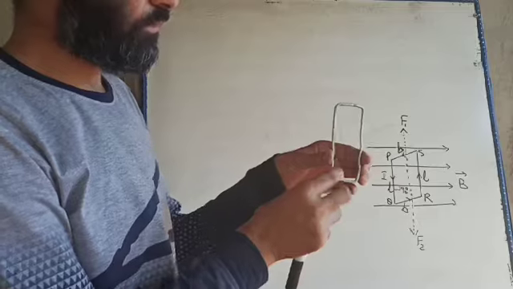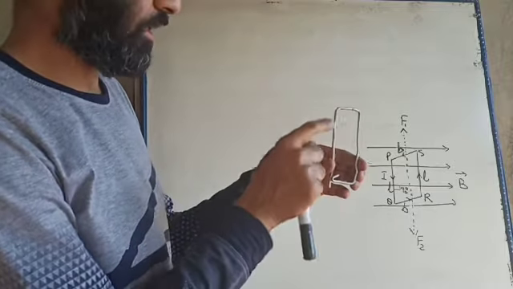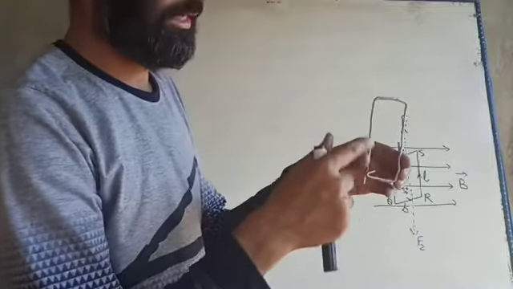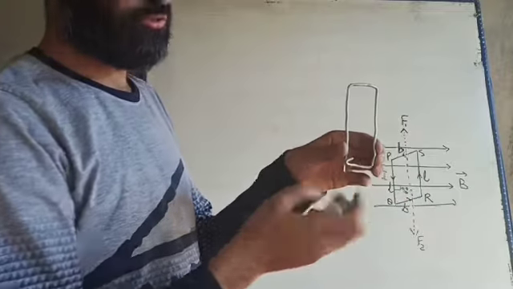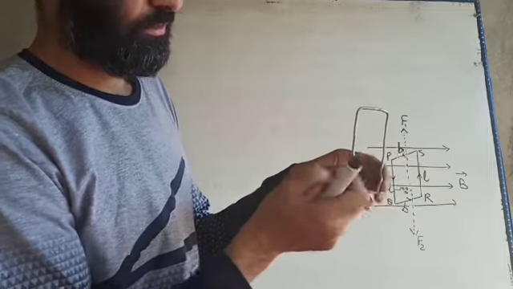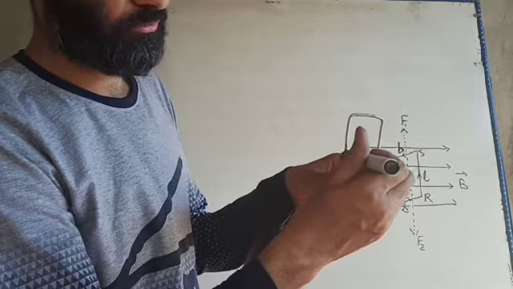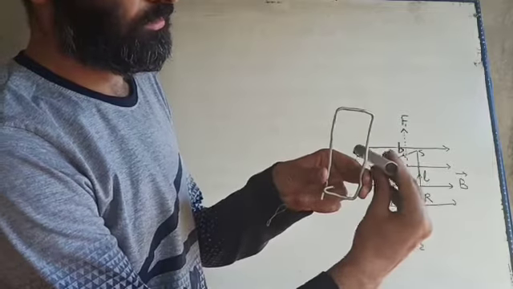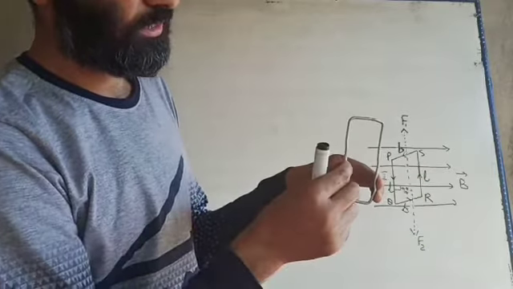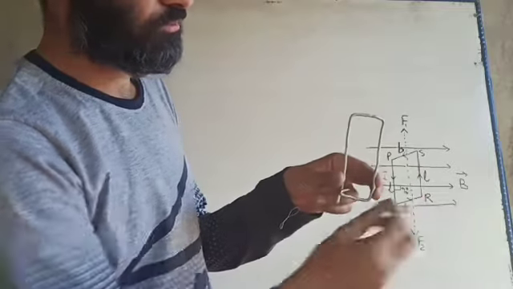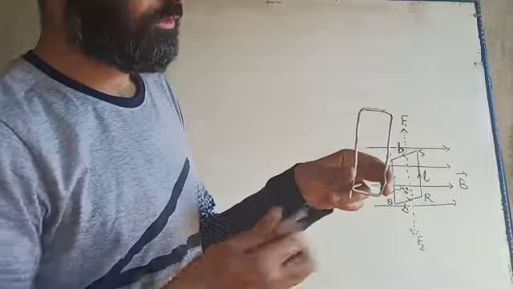But if we talk of the forces upon this arm and this arm, of length L, we understood that the force F3 acted on this arm outwards, like this, and on this arm the force acted inwards. These two forces have two different lines of action.